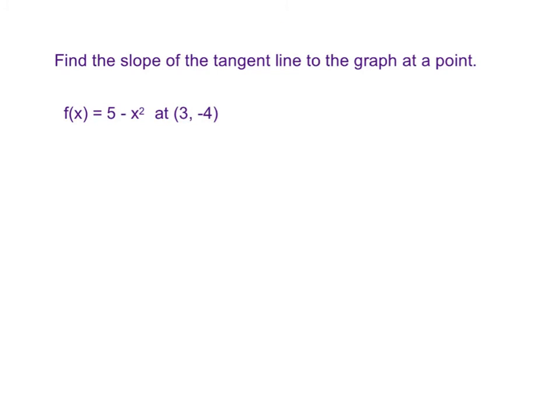All right, I think it's time for an example. So what we're going to do is find the slope of the tangent line to the graph at a point, and then I'm going to add to this example at the end. We're going to actually write the equation of the line tangent to the graph of 5 minus x squared at the point 3, negative 4. So the first thing we need is a definition of the slope of the tangent line, the derivative, right?